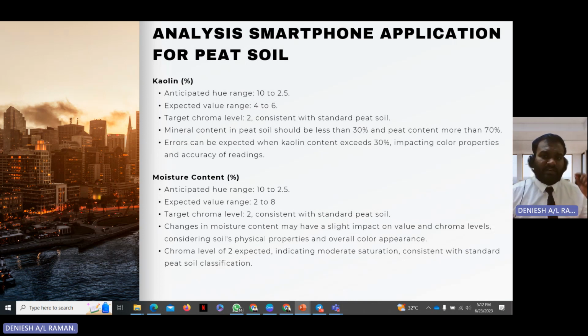So the mineral content is less than 30% and the peat content must be more than 70%. For moisture content, the anticipated hue range is 10 to 2.5 and the target chroma is the same as the kaolin percentage for peat soil, and we can derive that the Gebeng soil is peat soil.